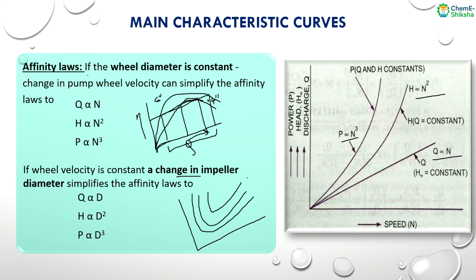Let's say this is for our 90% efficiency, this is for 80% efficiency, and this is for 70% efficiency. So this kind of curve you will get.